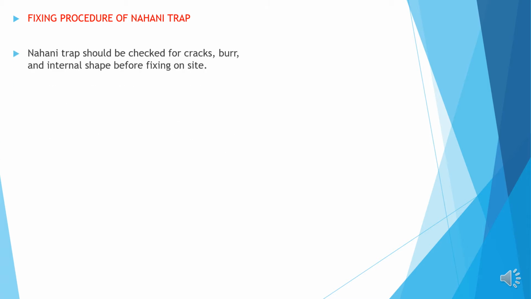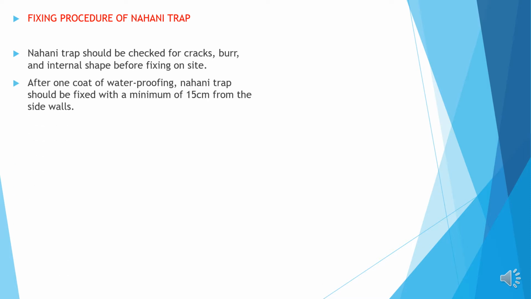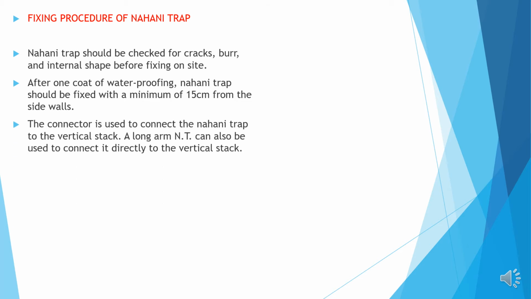Fixing procedures of the nanny trap. Nanny trap should be checked for cracks and internal shape before fixing on site. After one coat of waterproofing, nanny trap should be fixed with a minimum 15 centimeters away from the side walls. The connector is used to connect the nanny trap to the vertical stack.